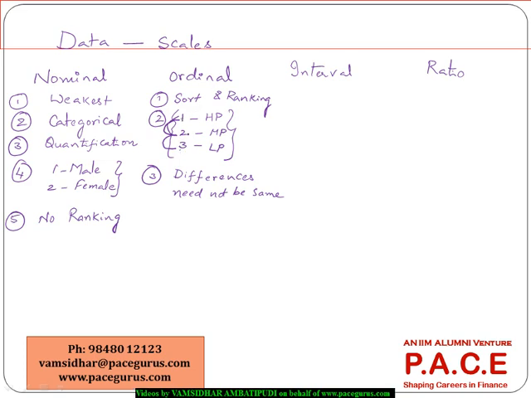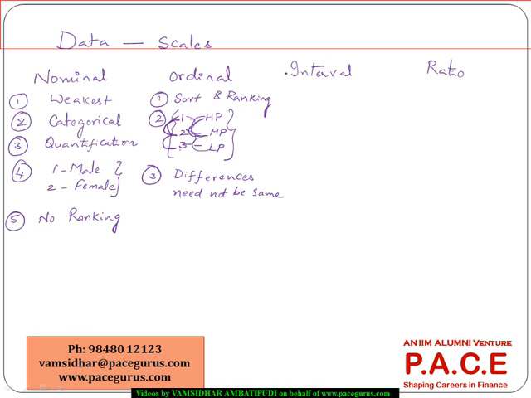Mathematically this difference is equal, but I'm not sure whether the difference from high performance to medium performance is the same as the difference between medium performance and low performance. So only the ranking or the categorization of the data is important, but the difference between the different ranks is not clearly communicated in the ordinal scale.